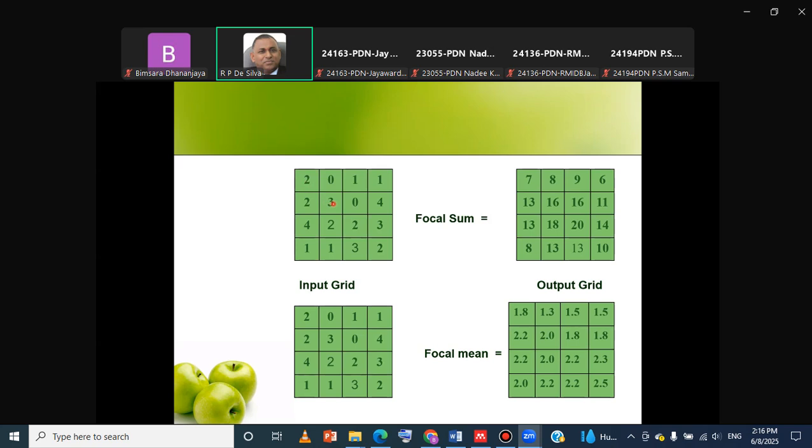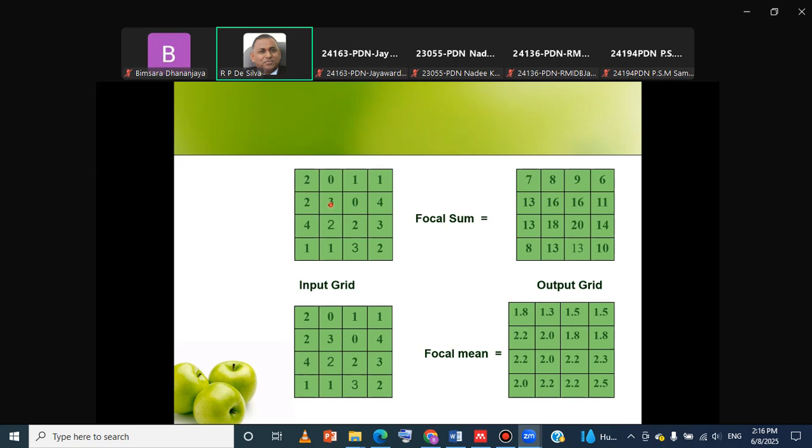So what is the total distance? Two square root of 2, right? From here to here, distance is 2 into square root of 2. Okay.